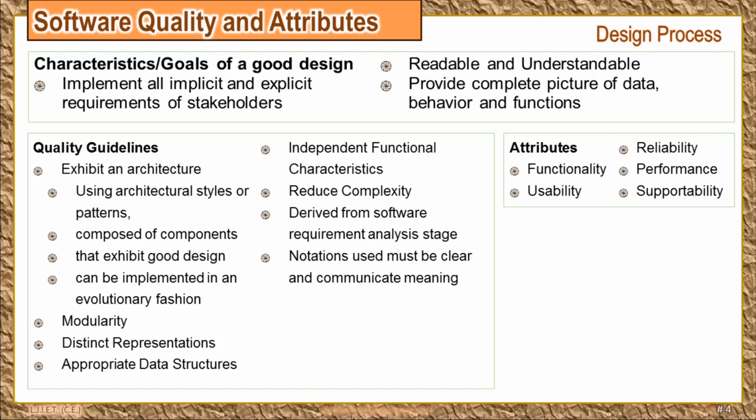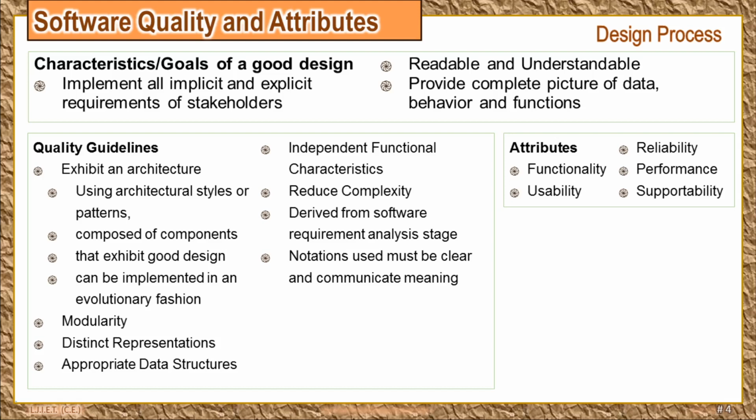Lastly, we shall conclude with quality attributes. Functionality is assessed by evaluating the feature set and capability of the program, the generality of the functions that are delivered, and the security of the overall system. Usability is assessed by considering human factors like overall aesthetics, consistency, and documentation.